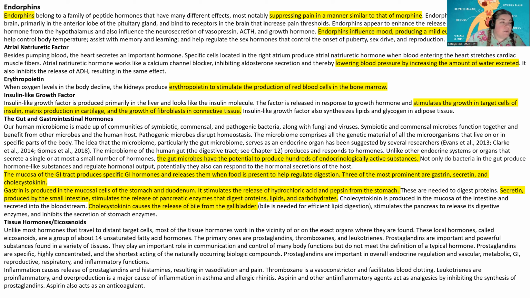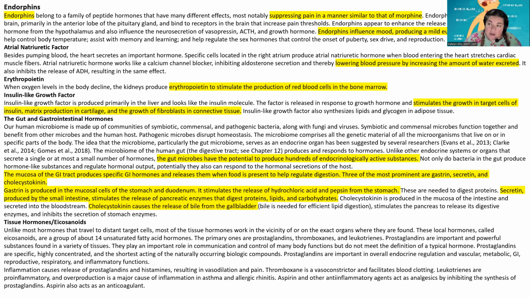All right. There's insulin-like growth factor, an important one that stimulates the growth of target cells of insulin, matrix production in cartilage, and growth of fibroblasts in connective tissue. There's erythropoietin that stimulates the production of red blood cells in the bone marrow.